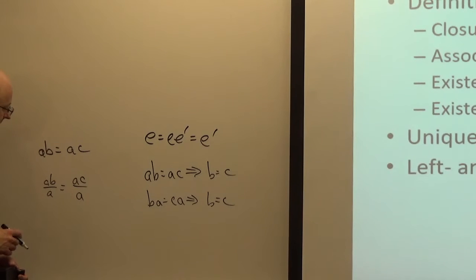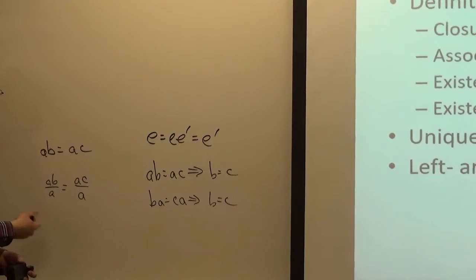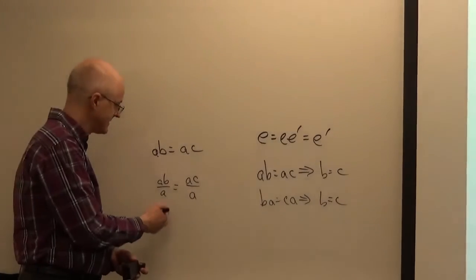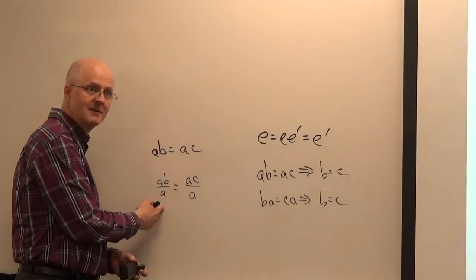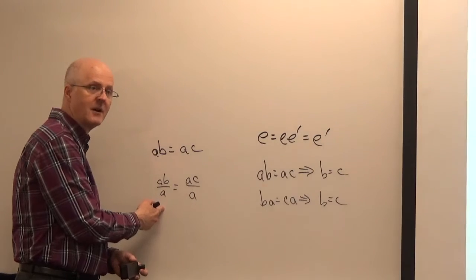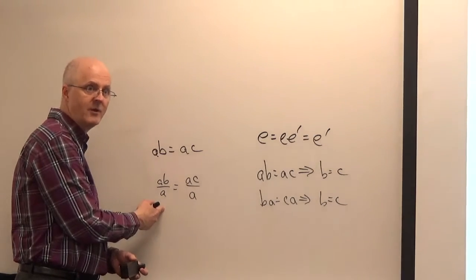The reason that's bad is because of the fact that not all groups are abelian. Not all groups are commutative. And by writing dividing by A there, you're sort of saying, well, maybe it doesn't matter which side I multiply by A inverse on, because this kind of notation is symmetric. It's not clear. Are you multiplying by A inverse on the left or on the right?